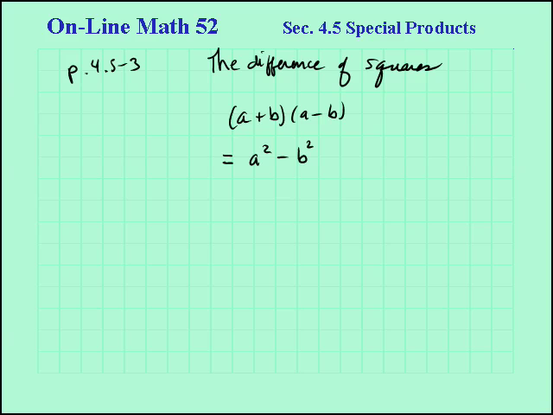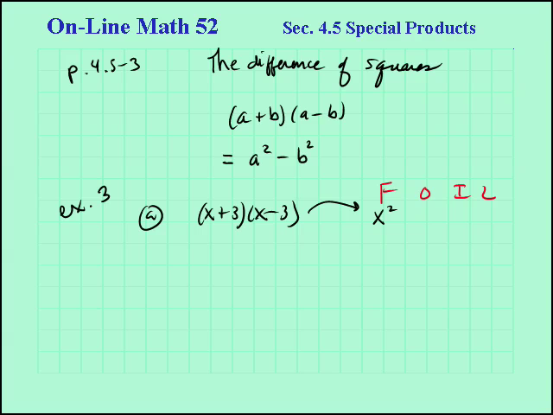Let me show you here example 3A. So we have x plus 3, x minus 3. I mean, if we went the long route here and did the whole FOIL method, we'd get the x squared, and a negative 3x and a positive 3x for the inner, and the last would be negative 9.